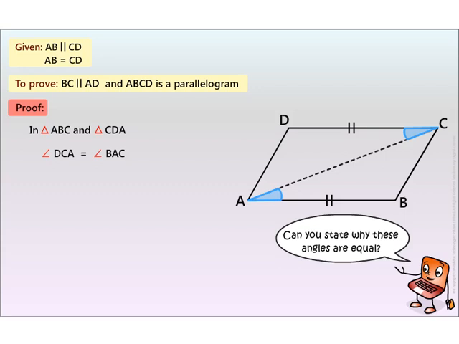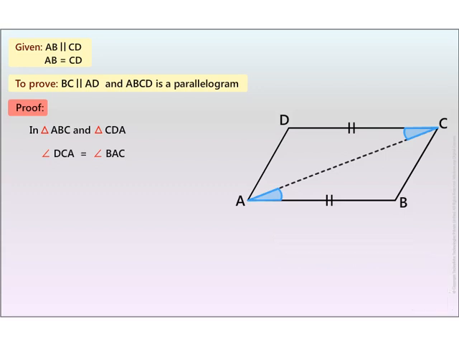Can you state why these angles are equal? Since AB is parallel to DC and AC is a transversal, angle DCA and angle BAC are alternate angles and hence are equal. AB is equal to CD is given. Side AC is common. So, using SAS criterion of congruence, triangle ABC is congruent to triangle CDA.